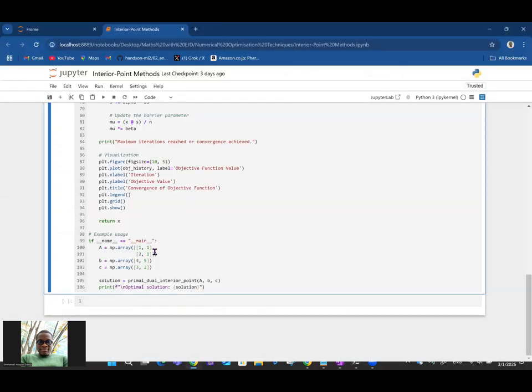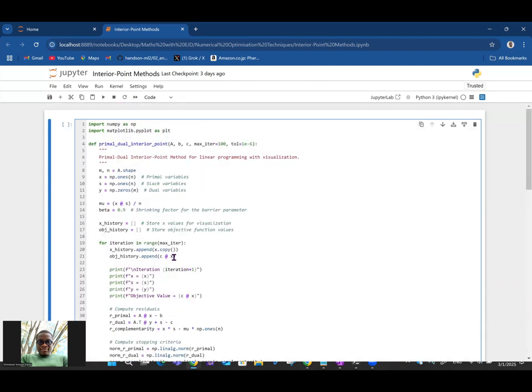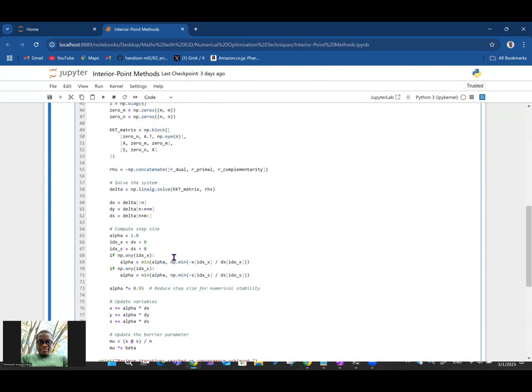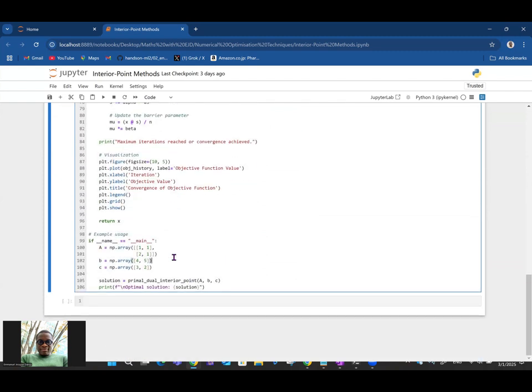So this is 1, 1, 2, 1. Then for B, we have 4, 5, 3, 2. In this case, let's take this as a problem of its own, and then you can adapt it to anything you are solving. I did not capture the exact problem there, but this is an example you can follow.